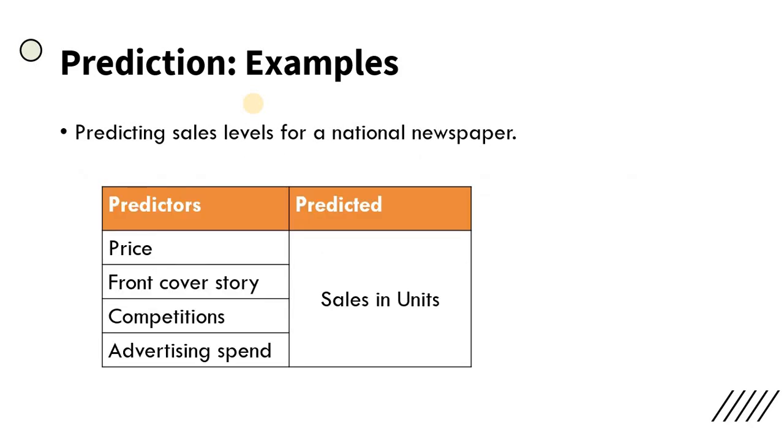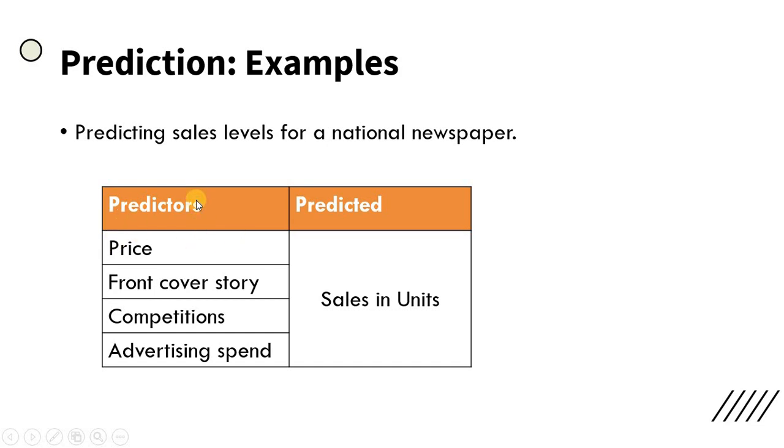Now, predicting sales levels of national newspapers. Here two terms are important: predictors and predicted. Predictors are the attributes based on which we are predicting the future, we are predicting another variable. That value is called the predicted, and the attributes based on which we predict are called the predictors.